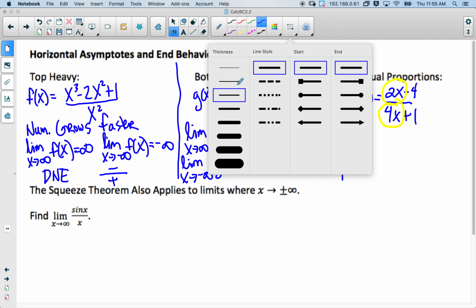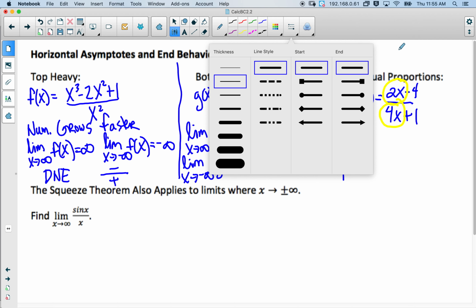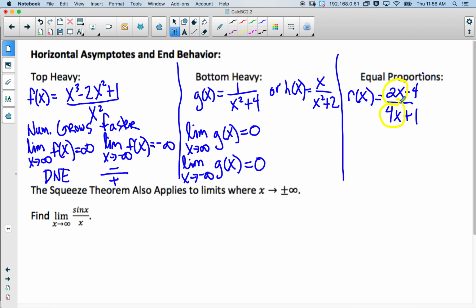So when you have equal proportions, meaning your leading terms have the same degree, so this is the first degree and the first degree, the limit is simply going to be the ratio of the coefficients. So the limit as x approaches infinity of r of x is going to equal 2/4, which is 1/2.